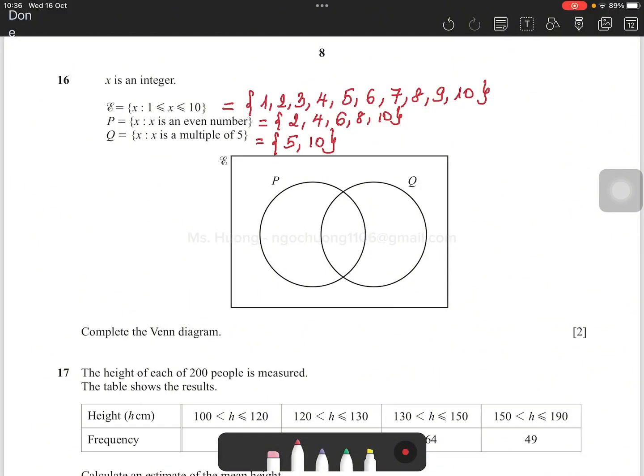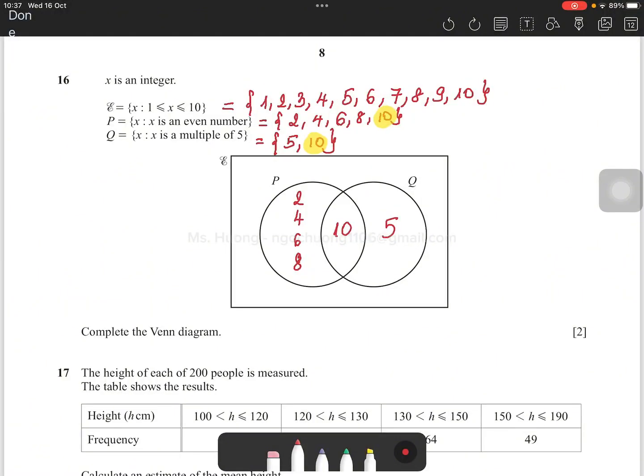Now we need to complete the Venn diagram. You see that P and Q have a common element, which is 10. So 10 will be in the common section. And then Q has a member left, which is 5. P has 4 members left: 2, 4, 6, and 8.